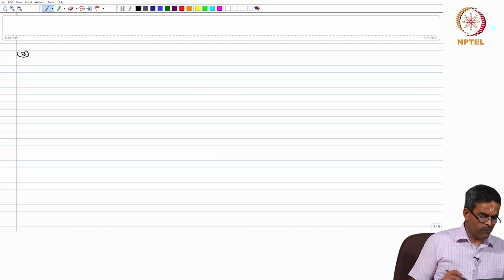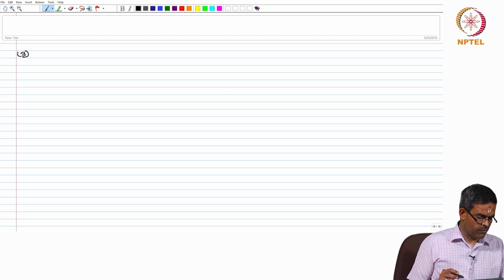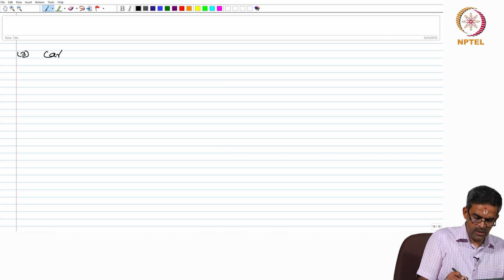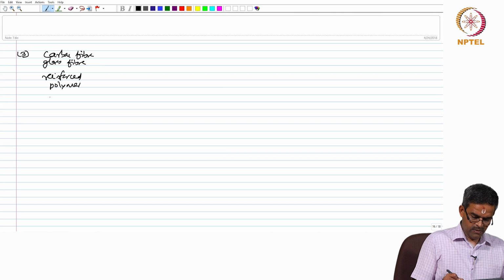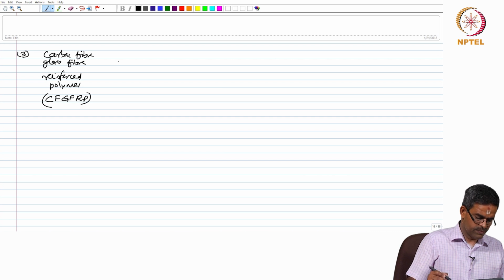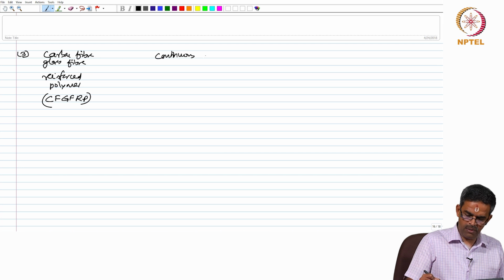The third type of fiber reinforced composite, which is self monitoring, is carbon fiber, glass fiber, reinforced polymer, which actually has continuous carbon fiber.